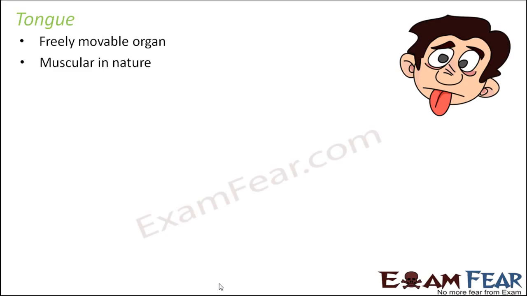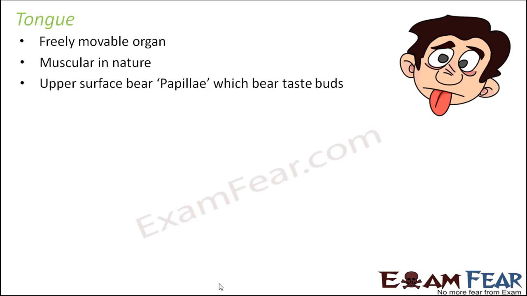It also helps you to speak. It also bears the taste buds, which help you to sense the taste of the food which you are eating. The upper surface of the tongue bears papillae, which bear the taste buds. Now what are papillae? These are small hair-like structures present on the upper surface. Here you will see small dotted structures.